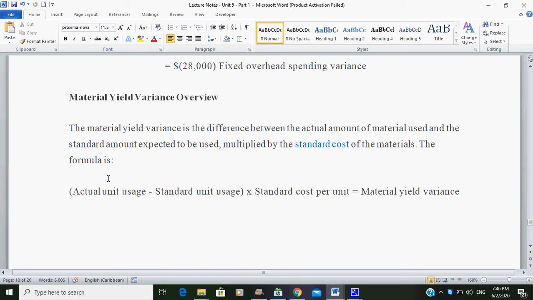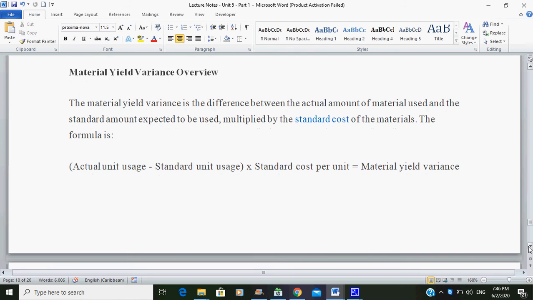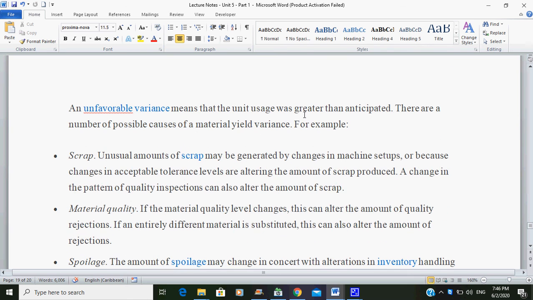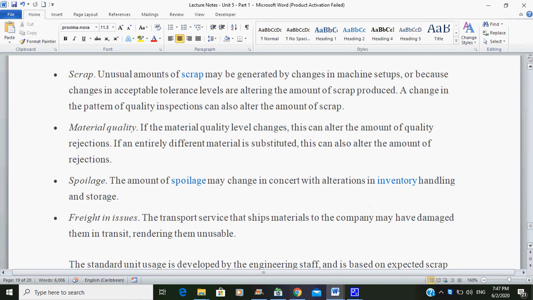If an entirely different material is substituted, this can also alter the amount of rejections. Then you have what we call spoilage. The amount of spoilage may change in concert with alterations in inventory handling and storage. Freight-in issues: the transport service that ships materials to the company may have damaged them in transit, rendering them unusable. The standard unit usage is developed by the engineering staff and is based on expected scrap rates in a production process, the quality of raw materials, losses during equipment setup, and related factors.